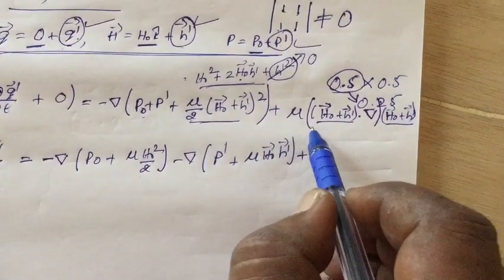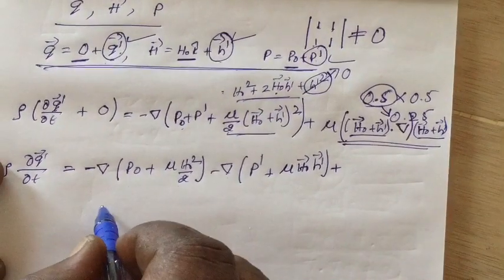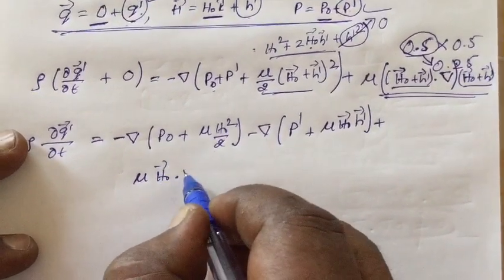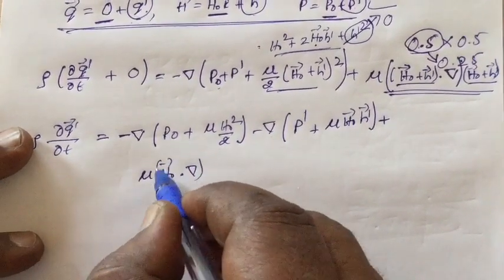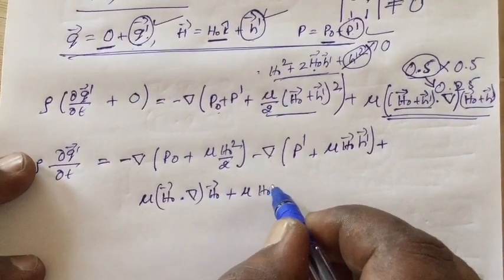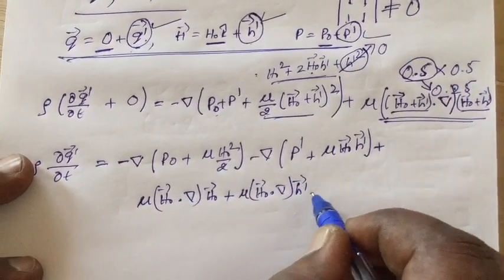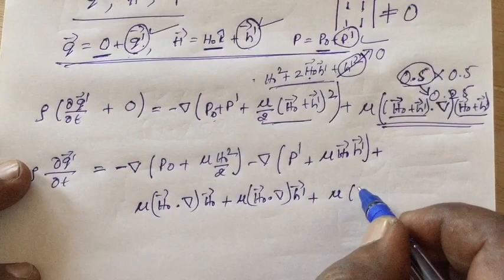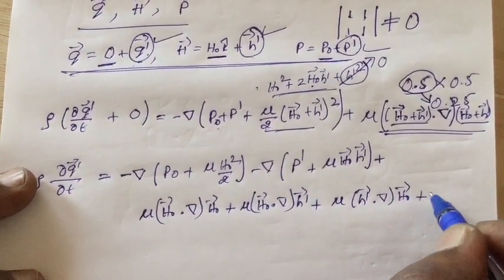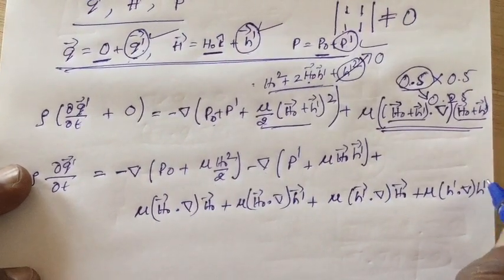Okay, look here. Here you have to expand this term. So here you are going to get 4 terms. How do you get? Mu into H naught dot gradient of H naught plus mu into H naught dot gradient of H dash plus mu into H dash dot gradient of H naught plus mu into H dash dot gradient of H dash.